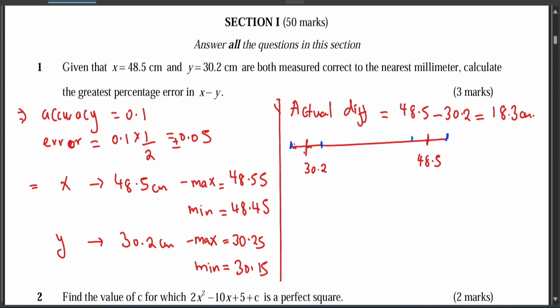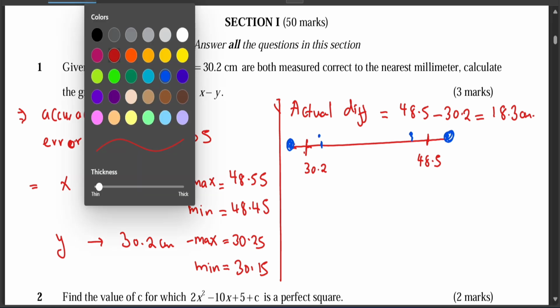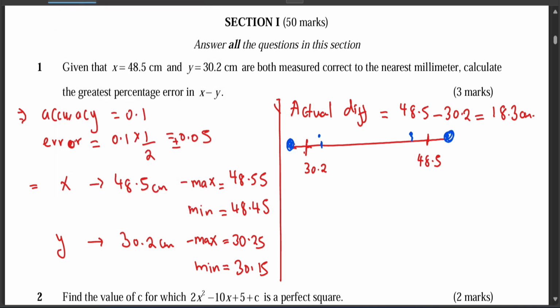So if one was to ask you how to find the maximum difference, you usually take the maximum of this minus the minimum of this to give you a larger difference. If you are asked to find the minimum difference, then you just take the minimum of x minus the maximum of y. But for this case, since it's asking you about the greatest difference, you need to find the maximum difference.